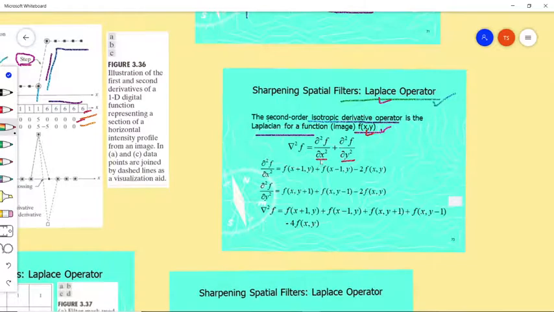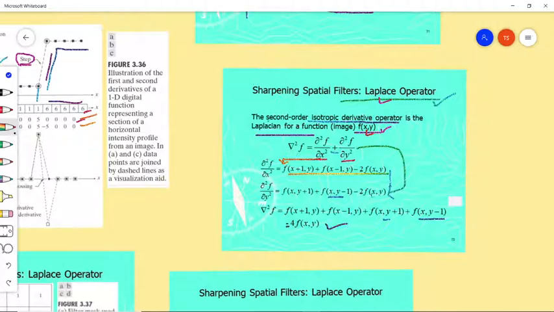And we have seen this is the expression for this, and this is the expression for that, and now we have to add both of these two expressions. So f of x plus 1 comma y, f of x minus 1 comma y, and f of x comma y plus 1, and f of x comma y minus 1, and minus 4 f of x y.